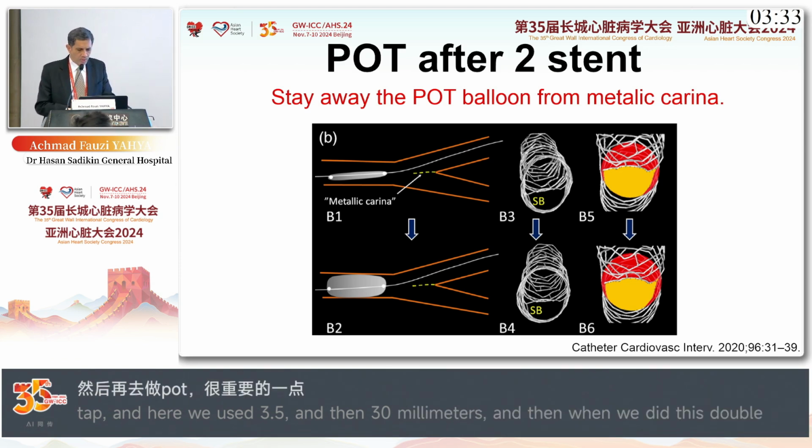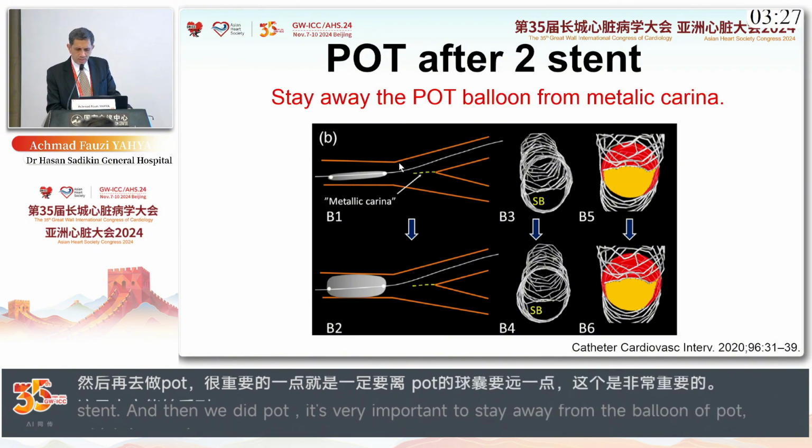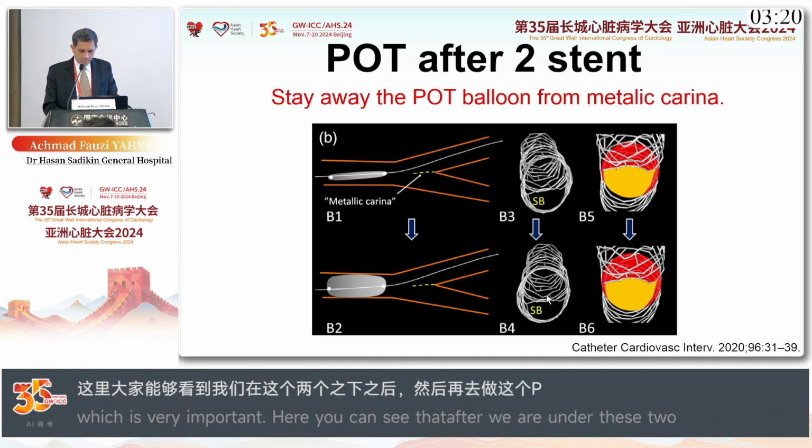This is important. If this is the metallic carina, you have to stay away from close to the carina. And this is going to let the side branch open up.